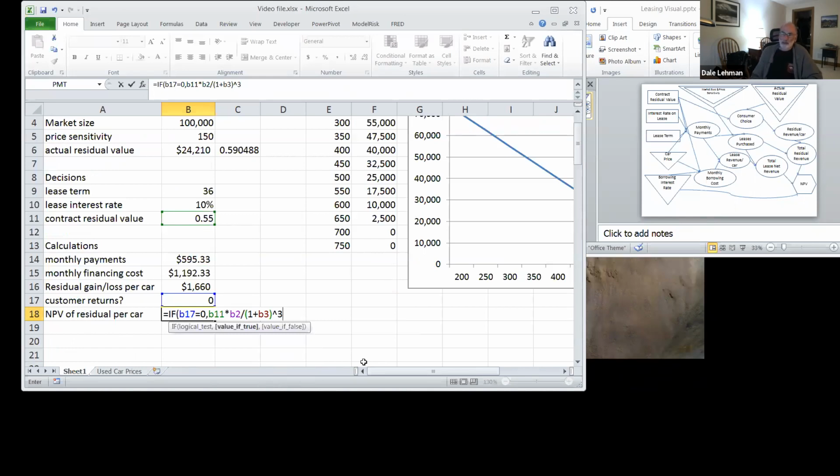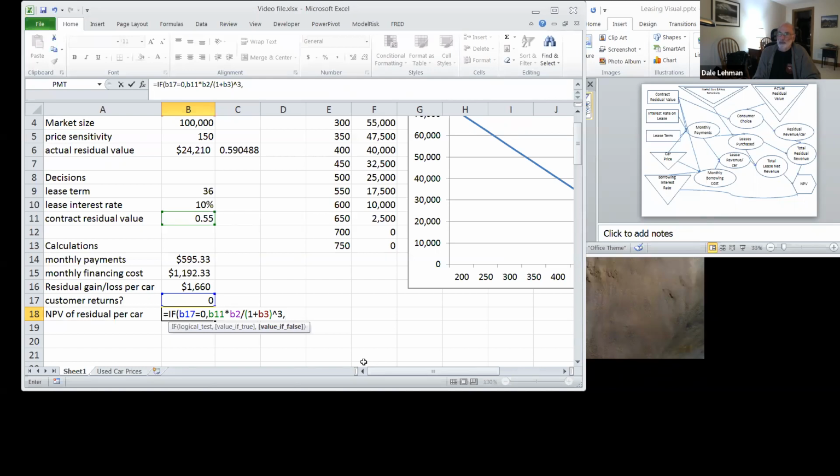That's an annual interest rate, it's 3 years' time, so I can do that, or I can do the monthly interest rate raised to the 36-month power, but it's simpler to do it this way. So that's what we get if they don't return the car.